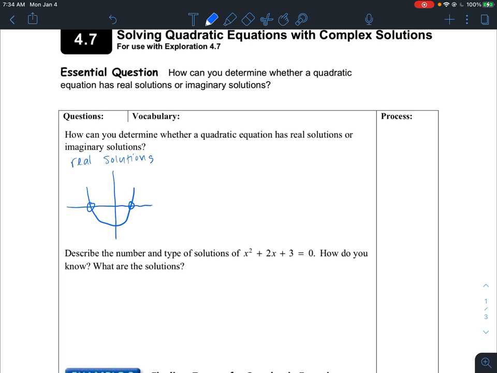It crosses the x-axis at real numbers. It will have imaginary solutions if it doesn't cross the x-axis. So if it looks something like this, it doesn't cross the x-axis, so therefore it's going to have imaginary solutions.